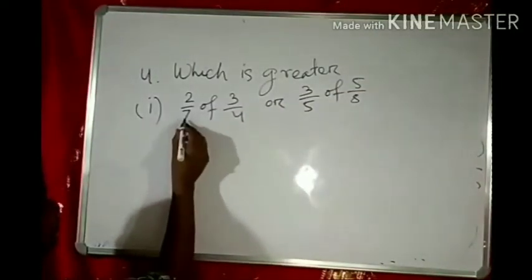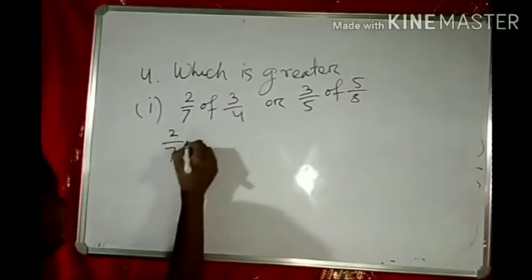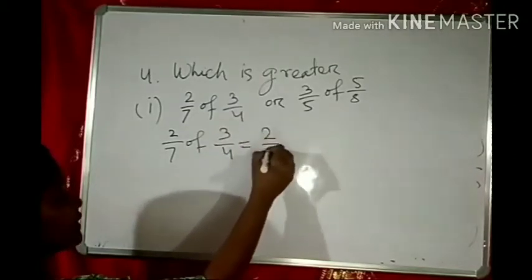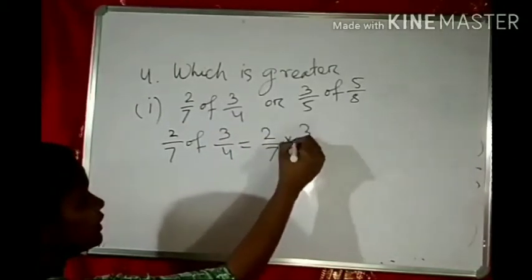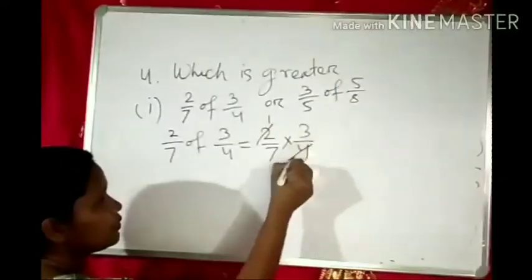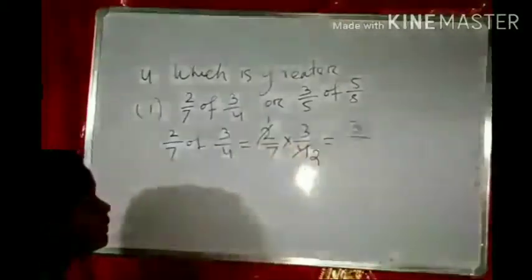First find 2 by 7 of 3 by 4, which equals 2 by 7 into 3 by 4. So cut it: 2 ones are 2, 2 twos are 4.